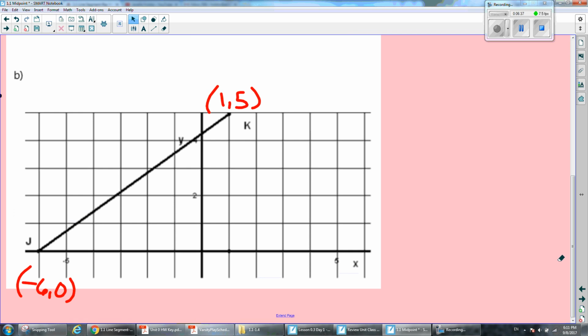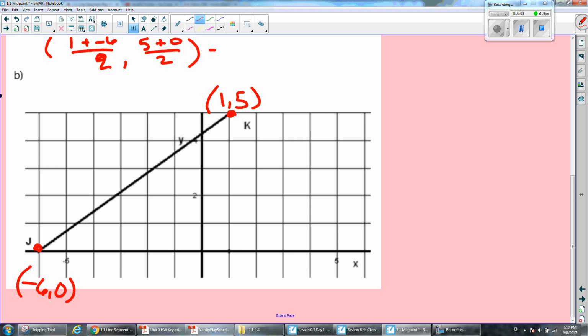Okay, same thing with B. Start by finding the coordinates of the endpoints. Here's K at 1, 5. Here's J at -6, 0. So we need to add up the x values, divide by 2. So we're at -5/2, +5/2, or again, if you don't like fractions, we're at -2.5, +2.5.